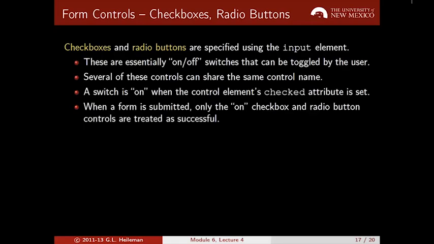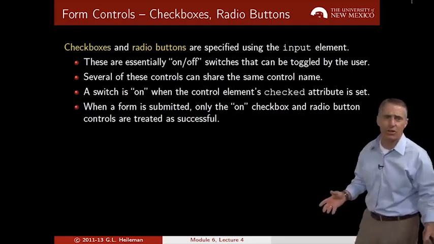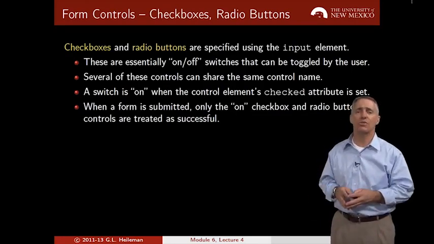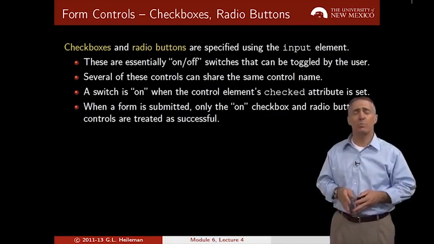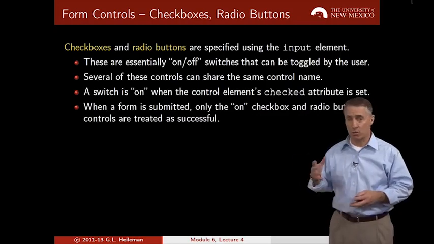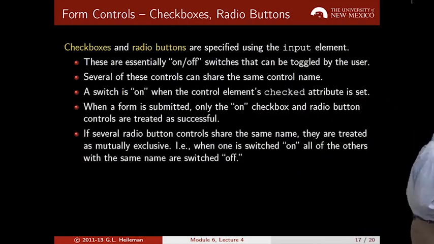So there's an attribute called checked, and when the form is submitted, only the on checkbox and radio button controls are treated as successful. I talked previously about how the user agent looks for successful controls. In the case of checkboxes and radio buttons, you're looking for those that have been switched on.